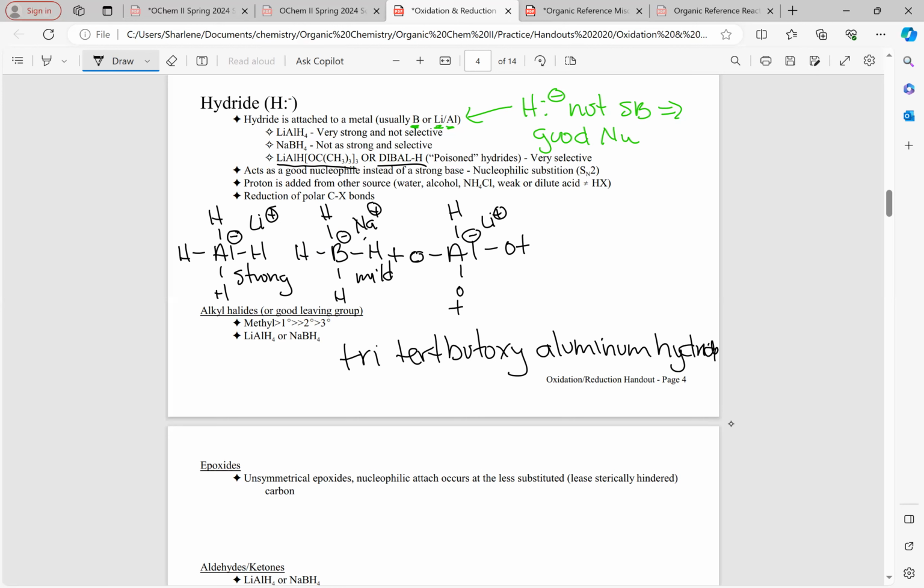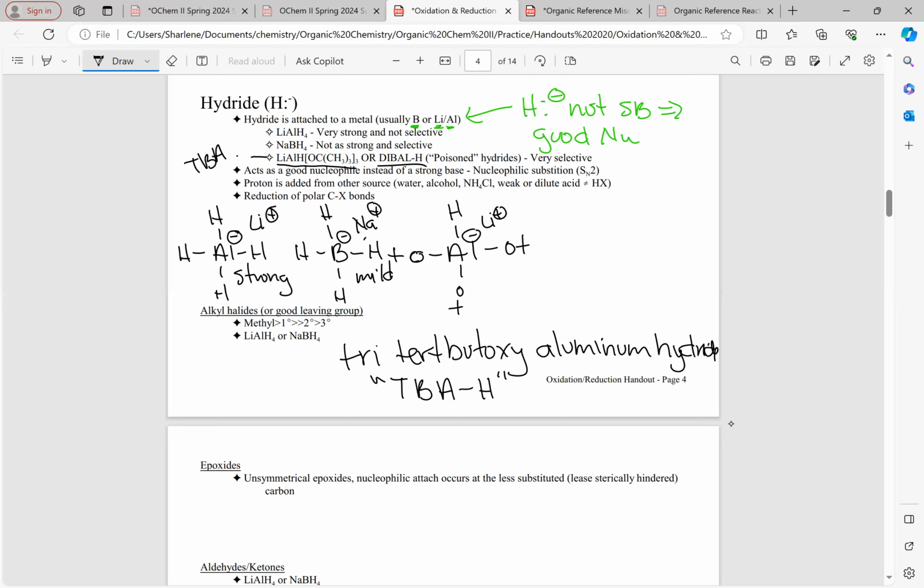So I tend to say TBA. Is it a thing? No, it's just my shortcut. So that is this one right here, TBA. All right, now DIBAL, that is a name that is commonly used, that we don't even draw the molecule out.